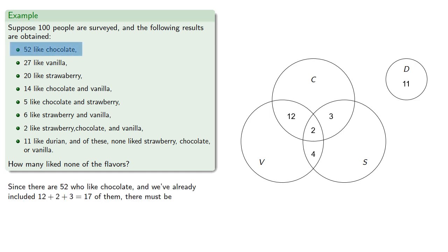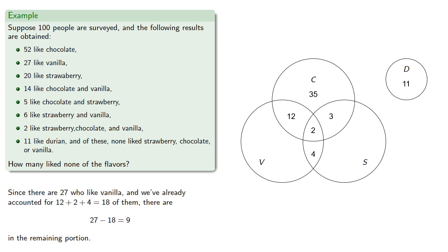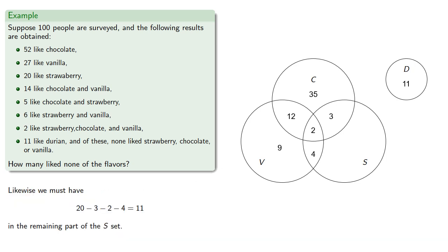Since there are 52 people who like chocolate, and we've already included 17 of them, there must be 35 in the remaining portion. And since there are 27 who like vanilla, and we've already accounted for 18 of them, there are 9 in the remaining portion. And likewise, we must have 11 in the remaining part of the strawberry set.